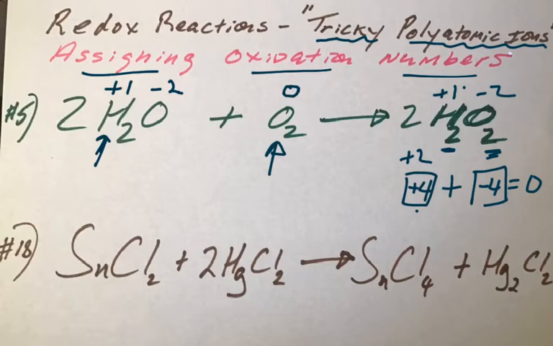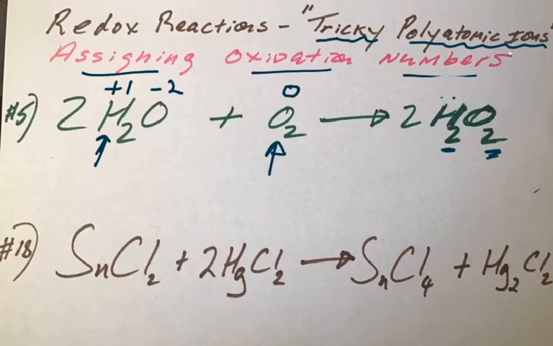Now, we know from experience that we have some things called polyatomic ions. So let's go with hydrogen first. Hydrogen has an oxidation number of +1. We have 2 hydrogens here and 2 oxygens here. So 2 times +1 is +2.